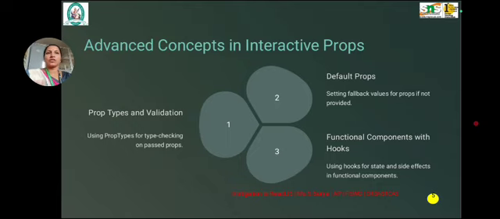And next one, functional components with hooks. The function goes along with the state and side effects of the component, and how the problems are rectified with props, and the props interact with each and every React.js problem, and these will be updated with advanced features in functional components.